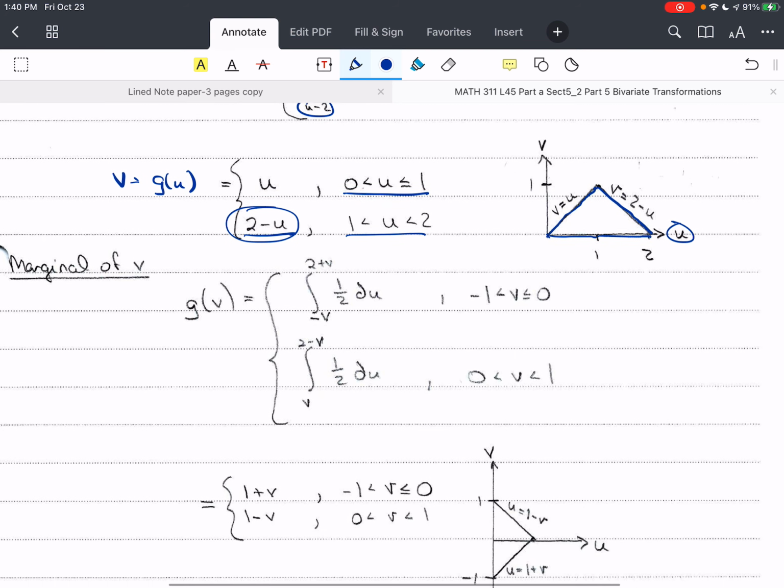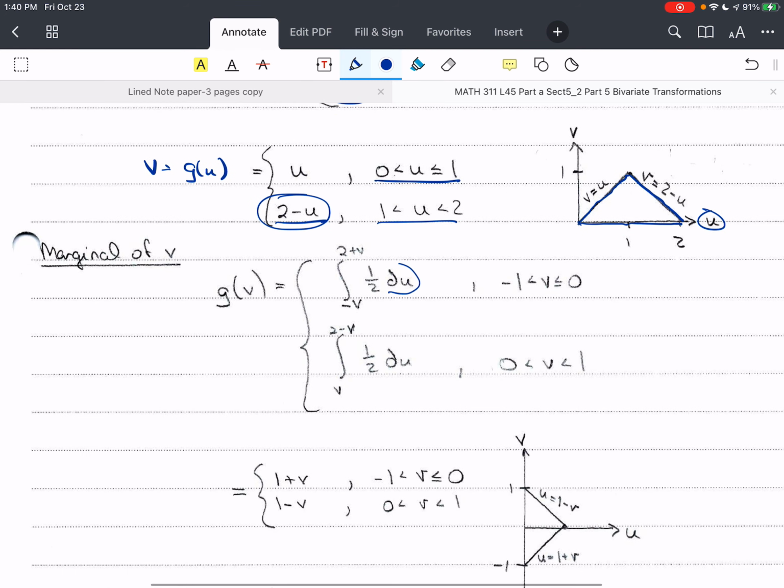Now we find the marginal of v, so we integrate across u, and again using these limits of integration that we found when we wrote our joint range of u and v. So different depending on these two portions.